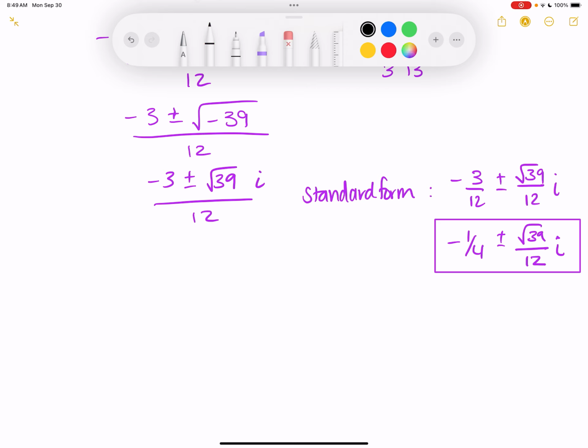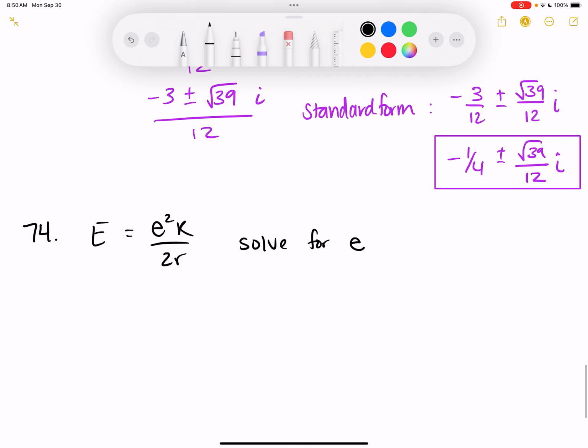74 is capital E equals e squared times K over 2R, and it says to solve for the little e. So, first and foremost, I'm going to multiply by 2R.